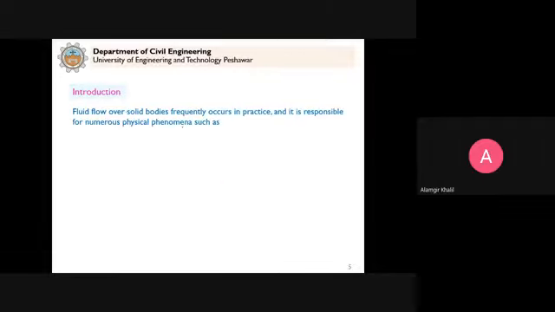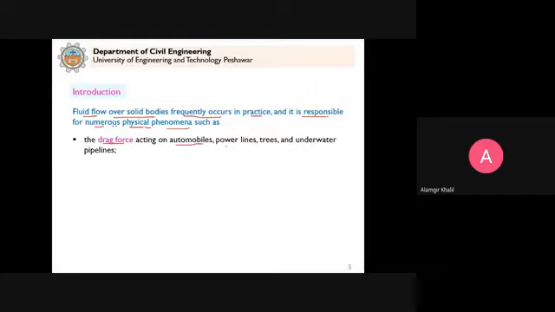Now introduction. Fluid flow over solid bodies frequently occurs in practice, and it is responsible for numerous physical phenomena such as the drag force. We will study in detail what a drag force is, that is acting on automobiles, power lines, trees, and underwater pipelines.